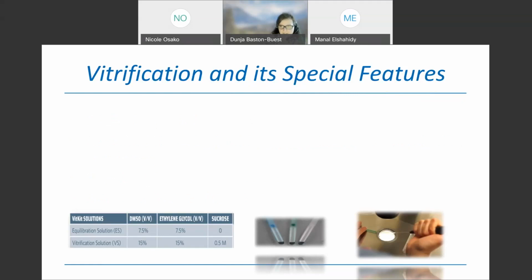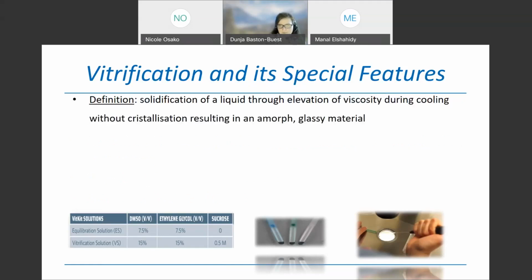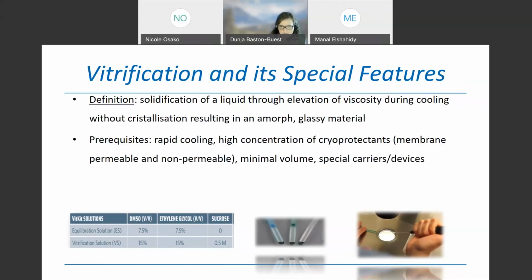First of all, vitrification. So how do we define vitrification? It's the solidification of a liquid without any kind of crystallization, resulting in a glassy, amorphous object. And how can we achieve this?